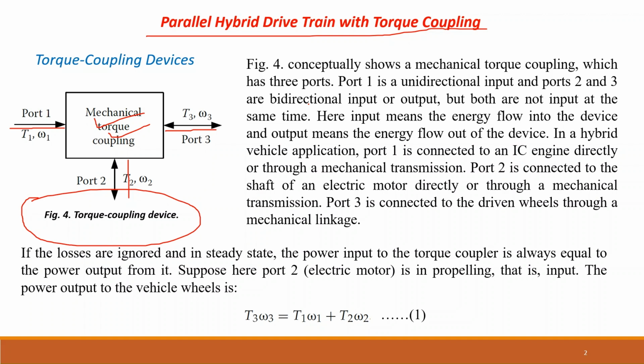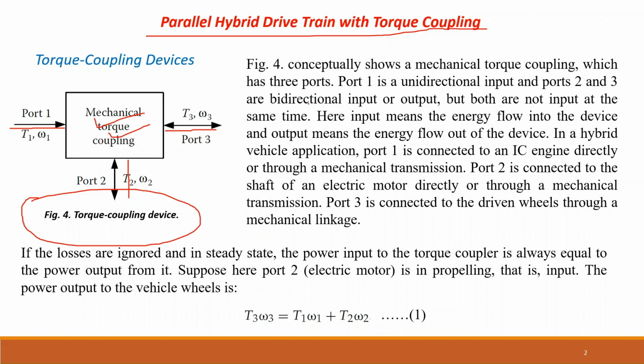In a hybrid vehicle application, port 1 is connected to the IC engine directly or through some mechanical transmission, port 2 is connected to the shaft of the electric motor directly or through some mechanical transmission, and port 3 is directly connected to the driven wheels through some mechanical linkage.